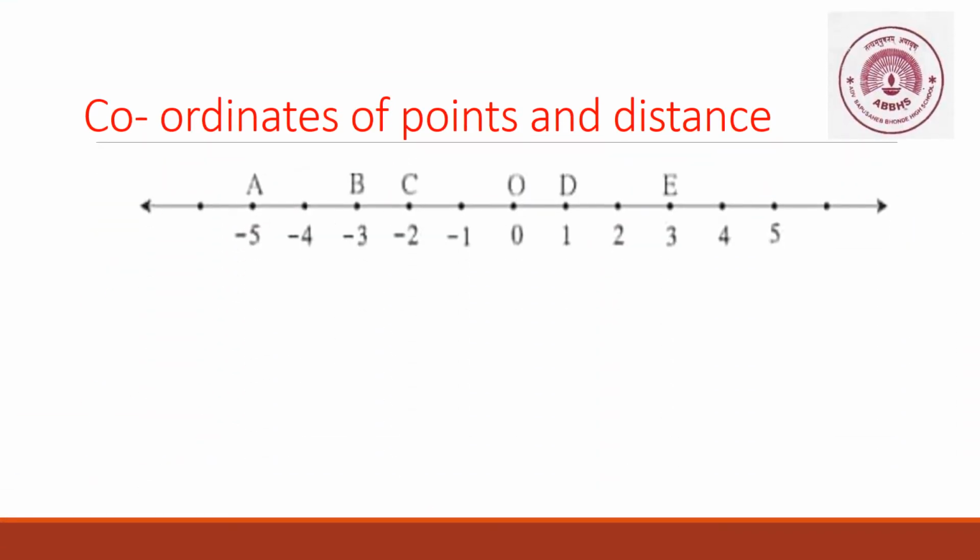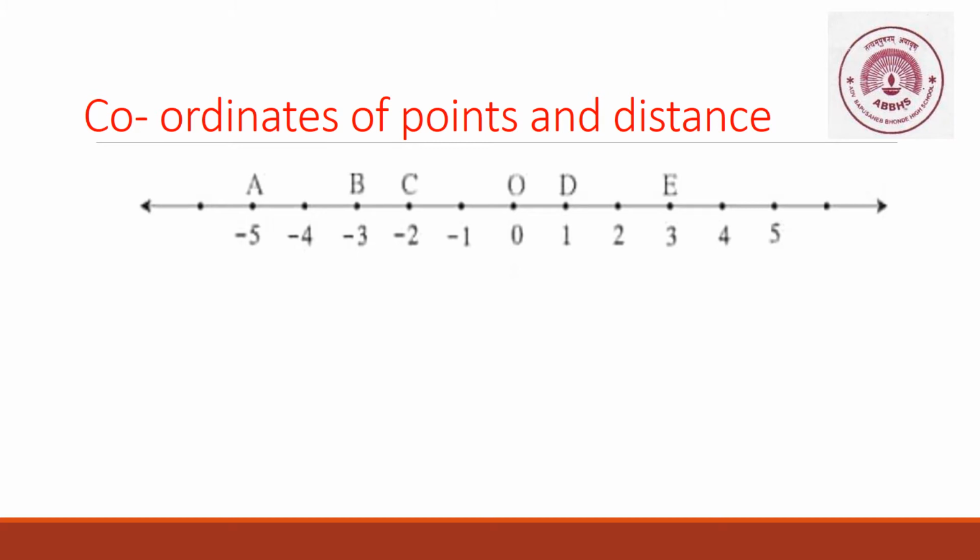Coordinates of points and distance. Observe the number line given. Here, 0 is marked as the origin. To the right of 0, positive numbers are marked as 1, 2, 3, etc. To the left of 0, negative numbers -1, -2, -3, etc. are marked.